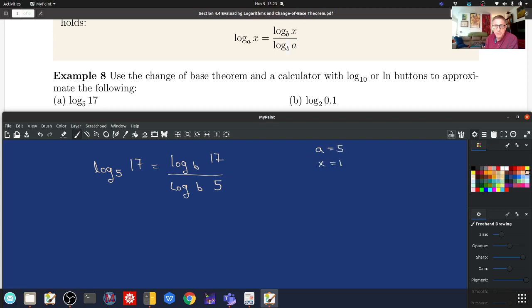x is equal to 17. b we choose. So if you want, you can choose log to the base 5 of 17 is equal to the log to the base 10 of 17 divided by log to the base 10 of 5.